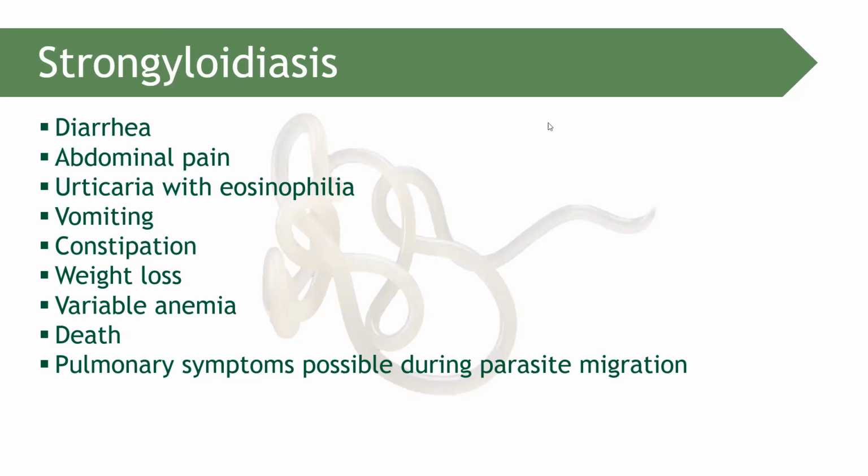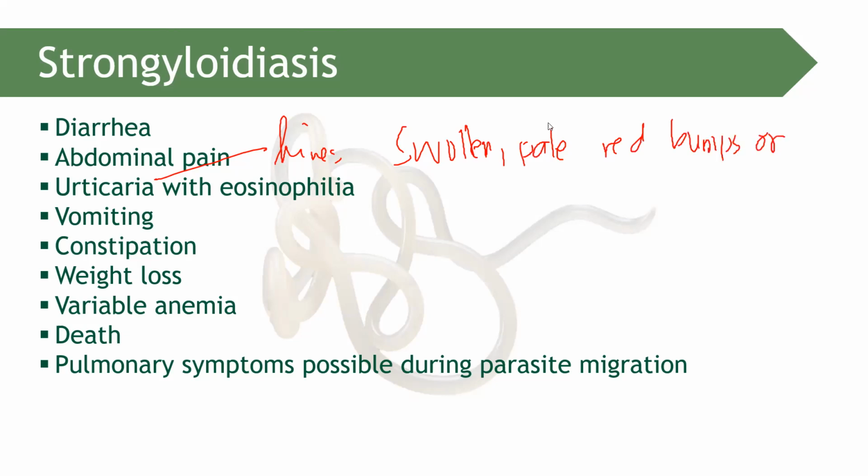Okay? Now, what do we mean by urticaria? When we say urticaria, it is also known as hives. It is a skin condition with swollen, pale, red bumps or plaques on the skin.